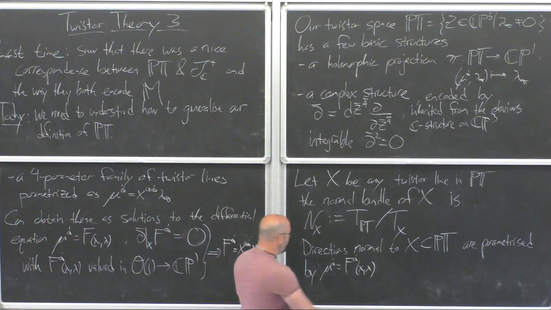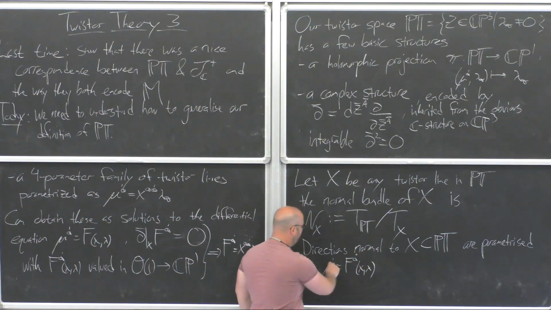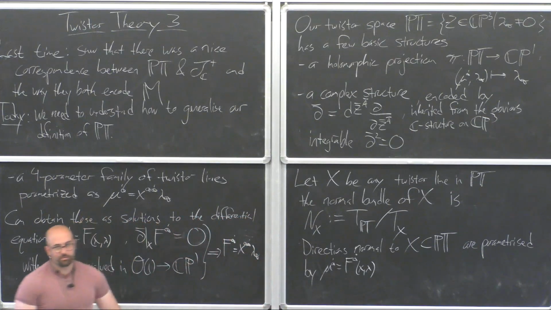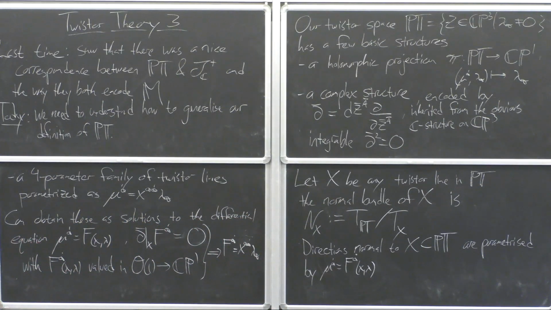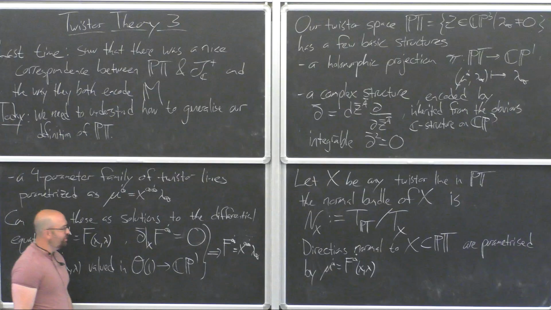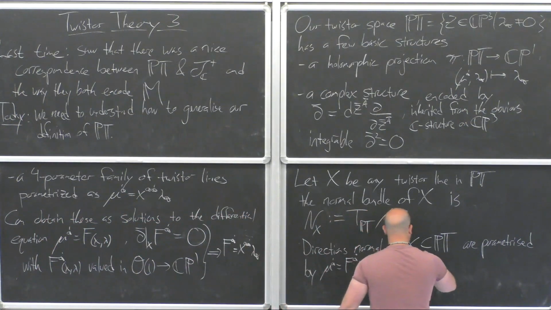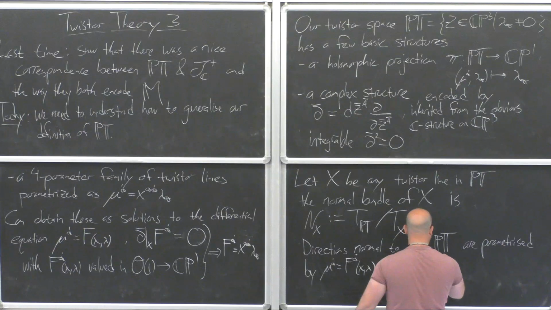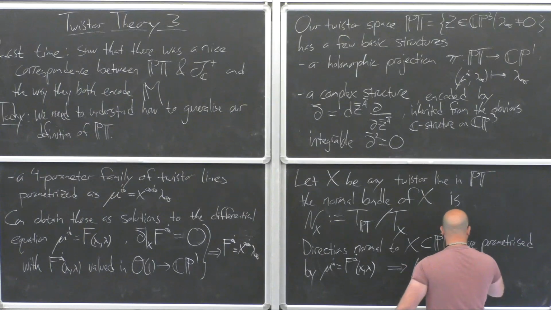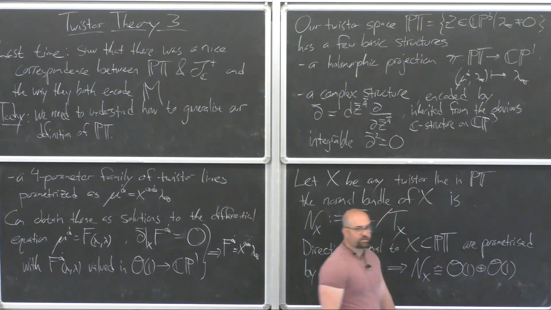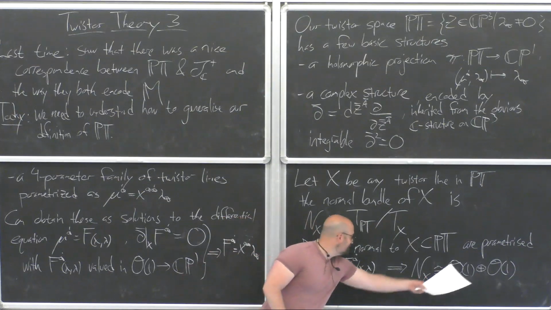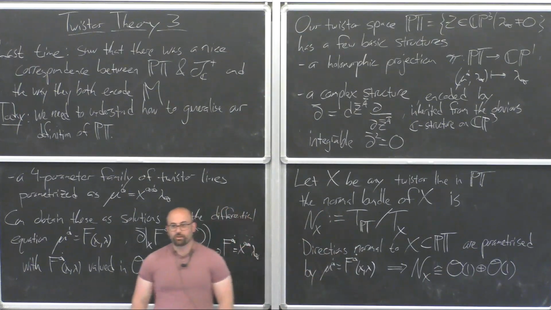And remember alpha dot is a two-component SL2 spinor, so each component of this equation takes values in O(1). Then the normal bundle to any one of our twistor lines is just the direct sum of O(1) plus O(1). This plus is just differentiating the two components of these things.